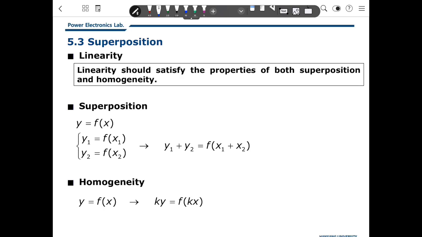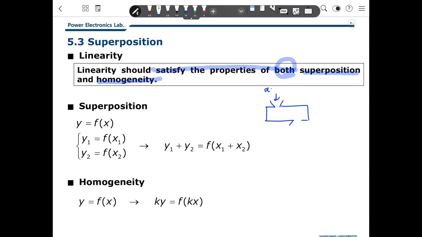I told you before, linear means the linearity that system satisfies the property of both the superposition and homogeneity. The superposition is in this way. If there is a magic box here, and we insert x, then the result will be y. Then we test here.